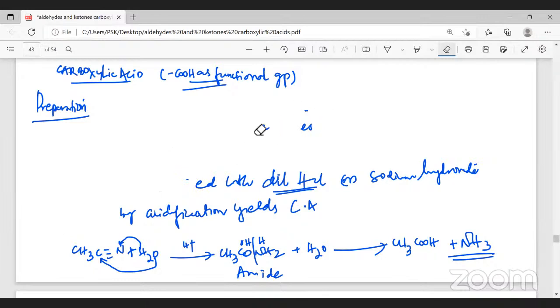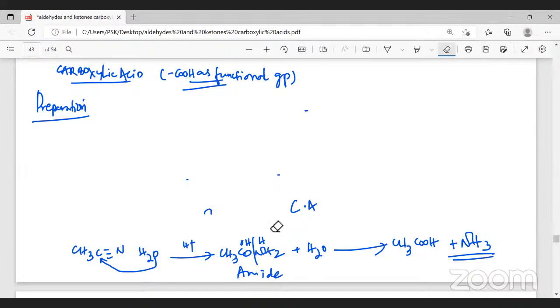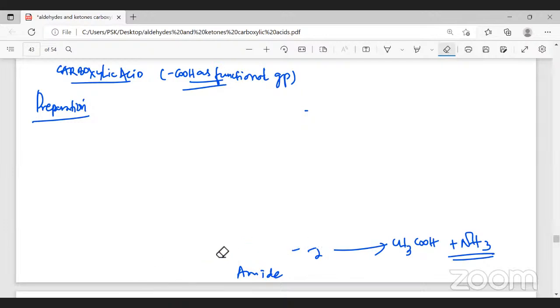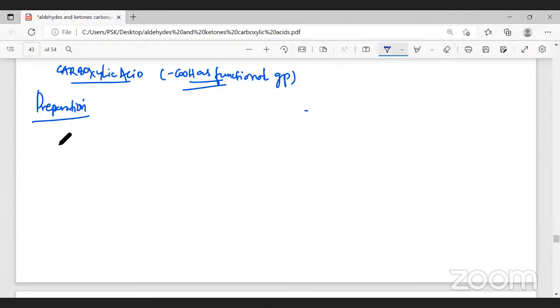Now, the next method of preparation of carboxylic acid is from esters. Esters are organic compounds which contain COO as a functional group. How can we prepare carboxylic acid from esters?